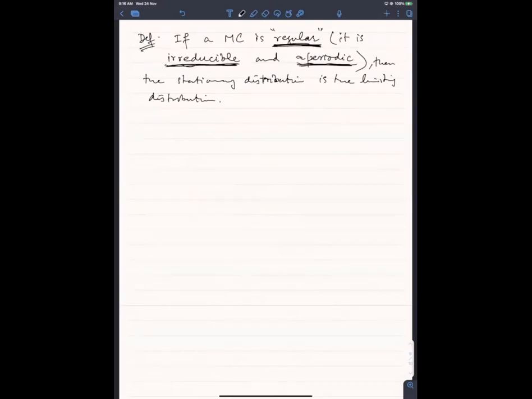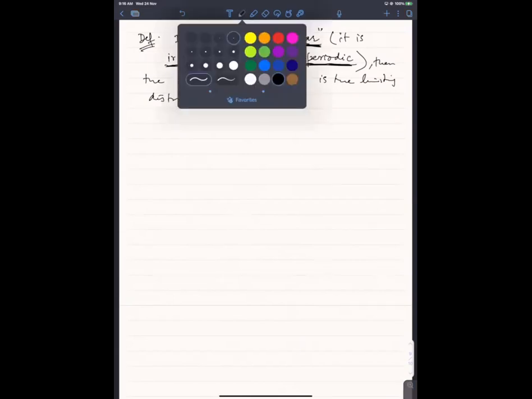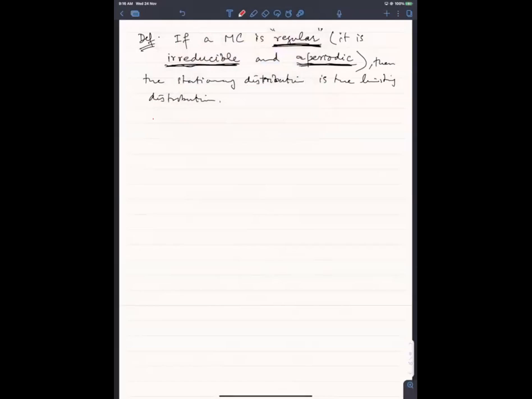Okay? So hand-wavy definition of irreducible Markov chain. Okay. Start from any state.